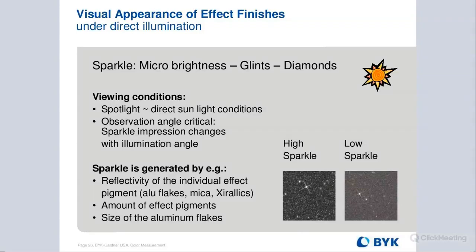And then the sparkle gives you an idea of the amount of the effect pigments, the size of the flakes, and also how sparkly it is or how reflective that particular flake is.